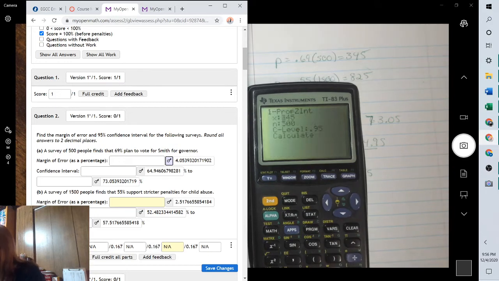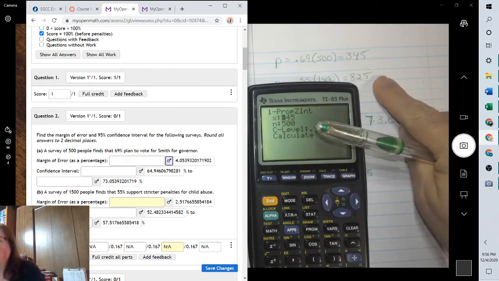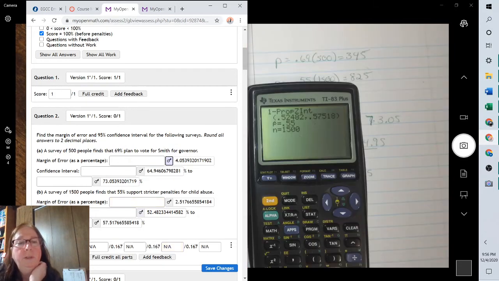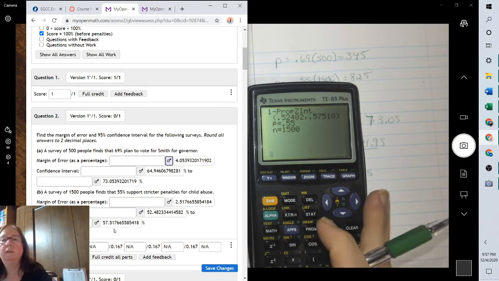We hit enter, and then it was 825 out of 1,500. We still wanted a 95% confidence interval. And there's our 52.48 and 57.52.